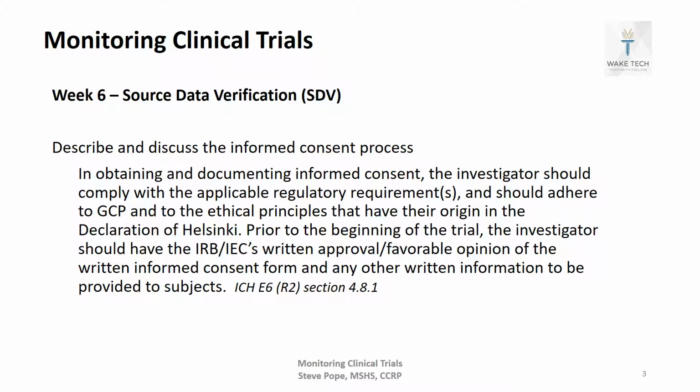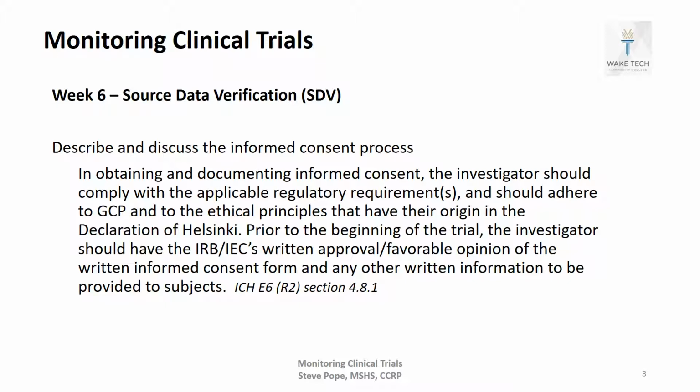Prior to the beginning of the trial, the investigator should have the IRB or IEC's written approval or favorable opinion of the written informed consent form and any other written information to be provided to subjects. This comes from ICH E6, section 4.8.1.